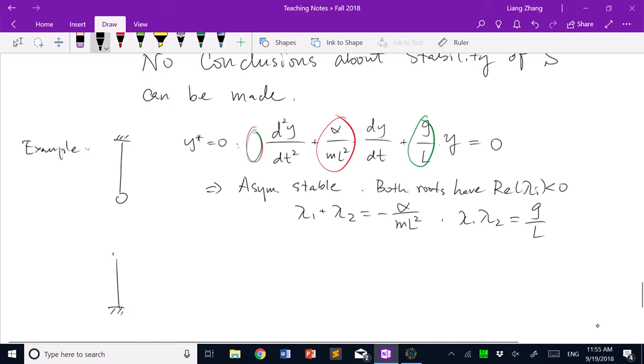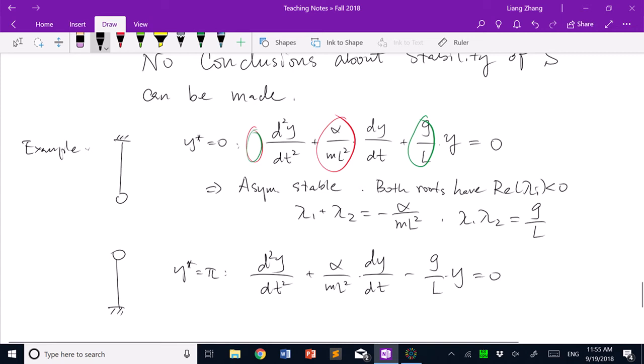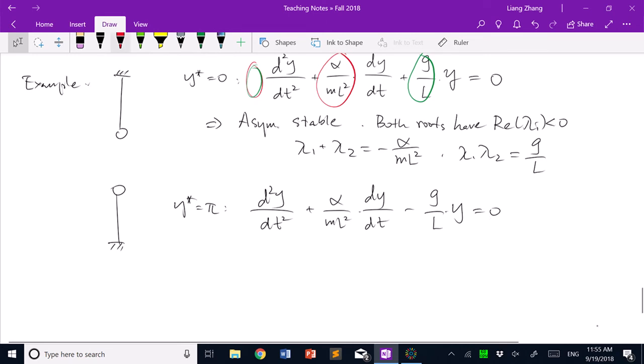Let's look at the other equilibrium. We have d squared y dt squared plus the same first order term, and the second one will be minus. Here, if you use the same methodology, you find out lambda 1 plus lambda 2 is equal to a negative number.